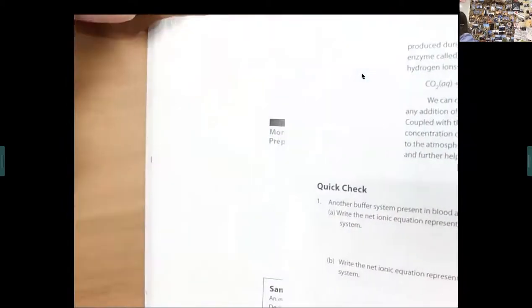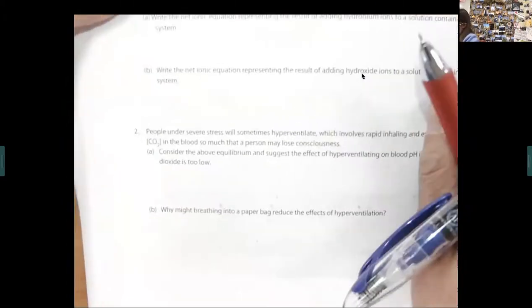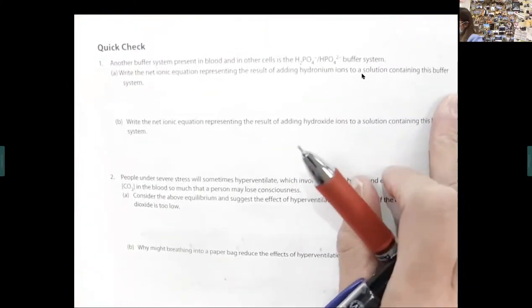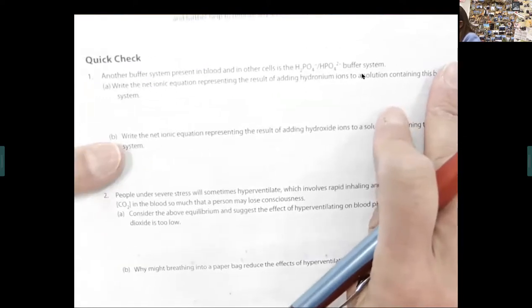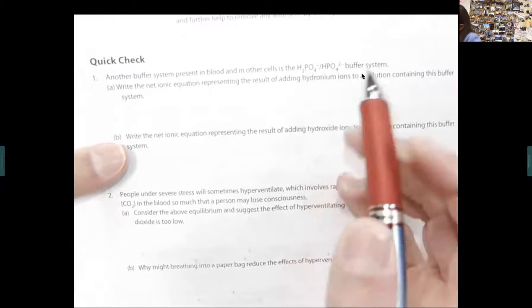Okay. If you turn to the next page, let's take a look at the quick check here. It says, write the net ionic equation representing the result of adding hydronium ions to a solution containing this buffer system here.